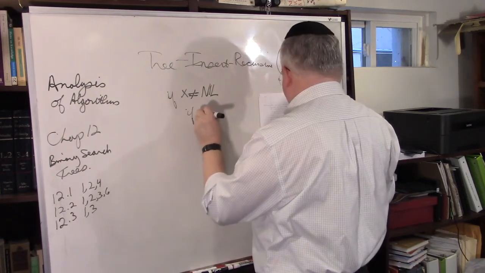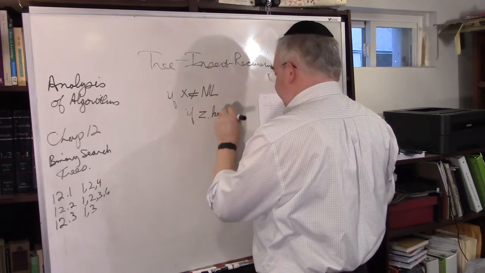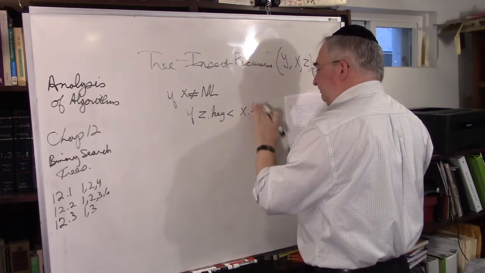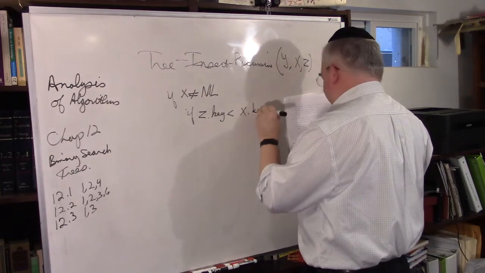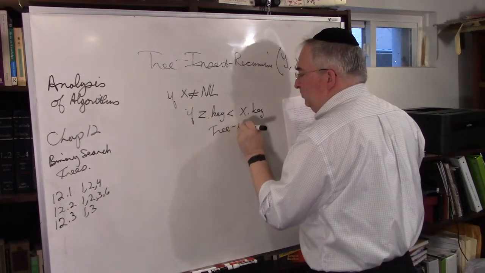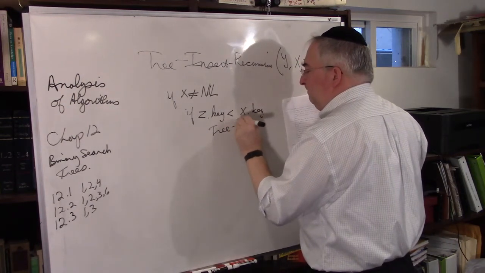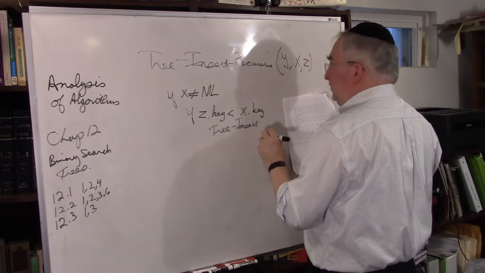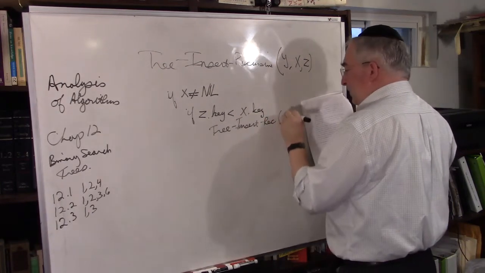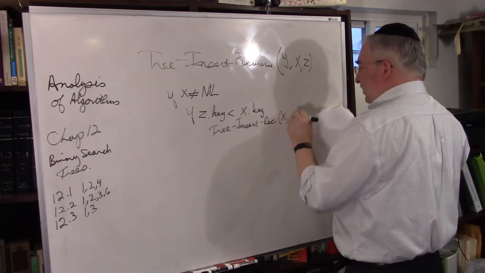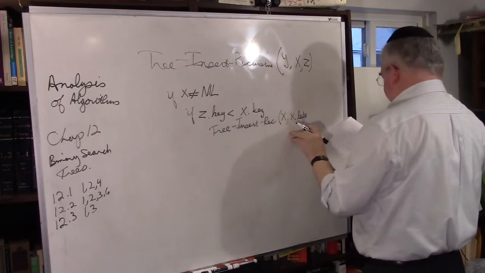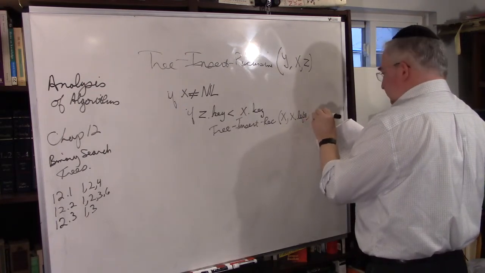If z dot key is less than x dot key, then tree insert recursive x dot left, comma z.